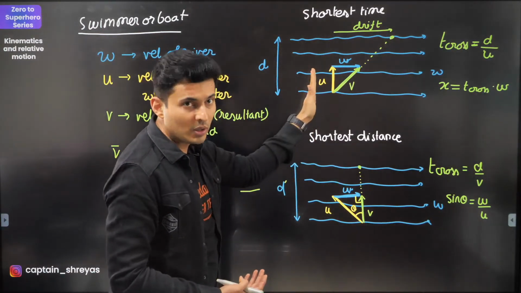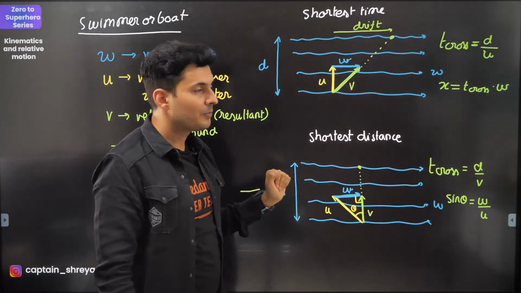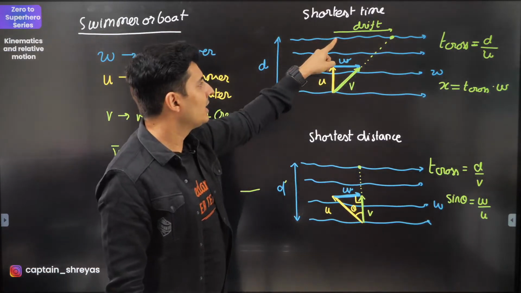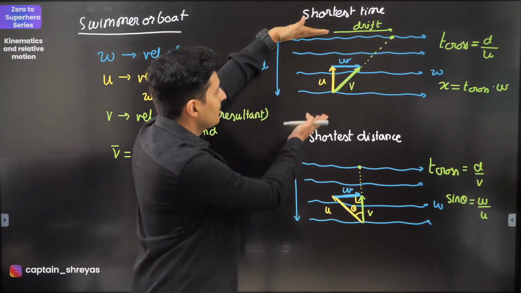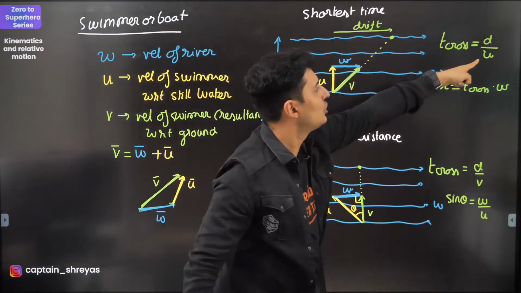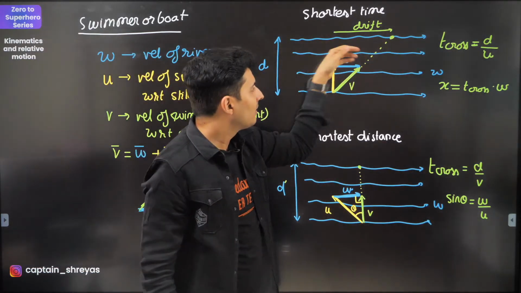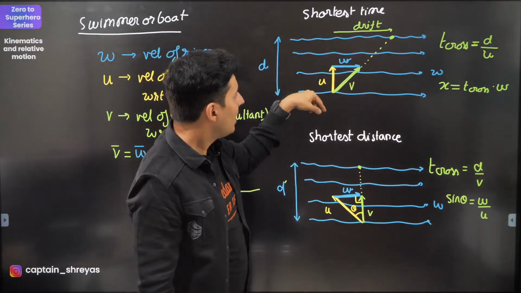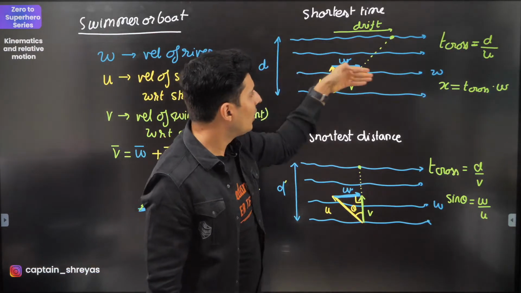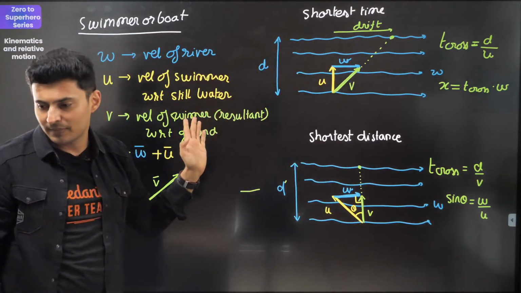My swimming velocity plus the river velocity gives me the resultant velocity, so I reach here. So my time taken to cross is this distance, which is D, upon the speed in this direction, which is U. So D by U is my time, and for this drift, because it's horizontal, I multiply the time by the horizontal speed. Horizontal speed is W, as simple as that.